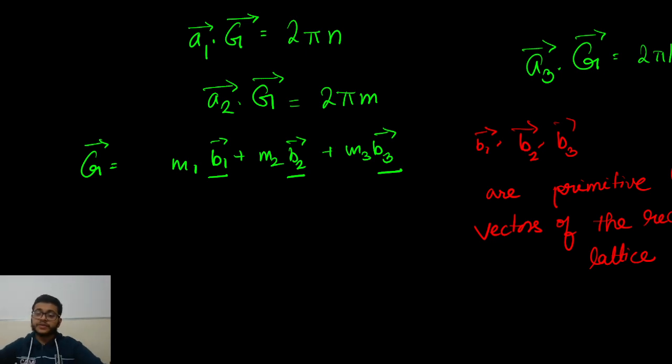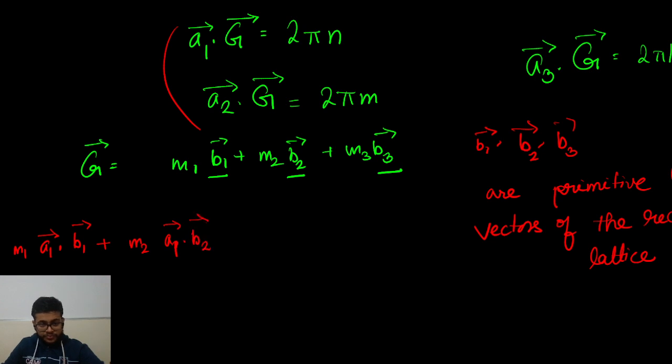Okay, so that is a very good thing that we can see here. Let's put that in these equations, and we get a1 dot b1 m1 plus m2 a1 dot b2 plus m3 a1 dot b3 equal to 0 or 2 pi n.